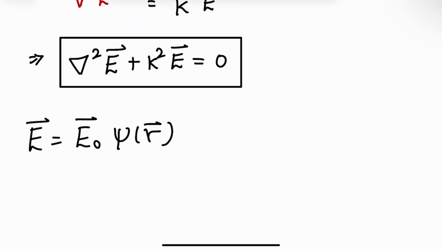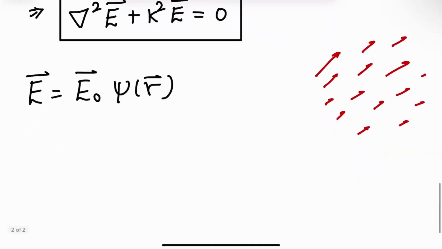It's all pointing in the same direction, but the value itself is changing depending on where you are. This is the simplest solution that we can think of.